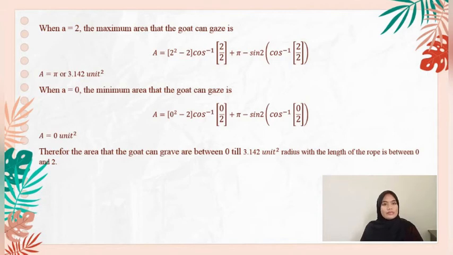When A equal to 0, we can get the minimum area that the goat can graze, which is area equal to 0 square minus 2 cos inverse 0 over 2 plus pi minus sin 2 cos inverse 0 over 2. And we can get the area equal to 0. Therefore, the area the goat can graze is between 0 until 3.142 unit square, with the length of the rope between 0 and 2.